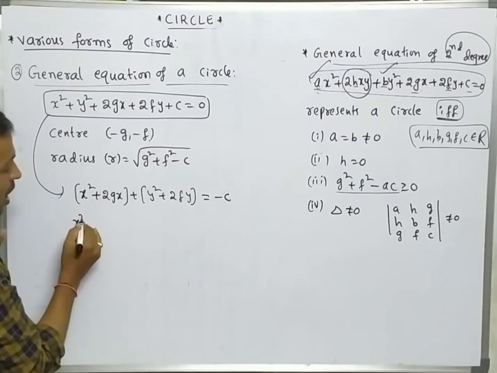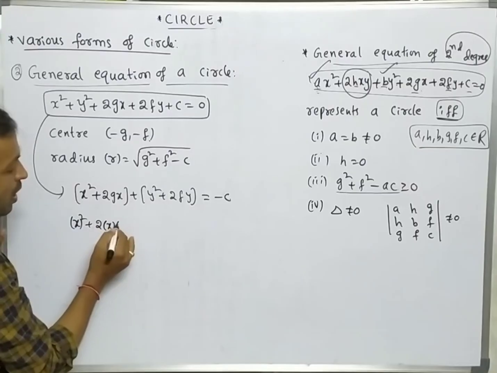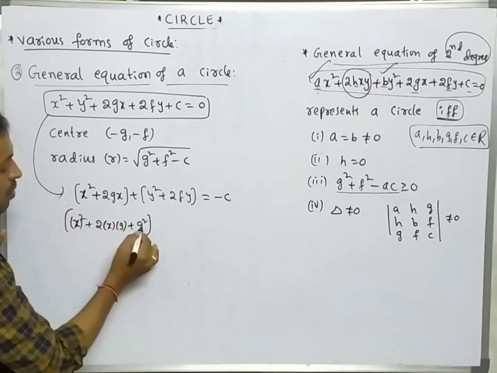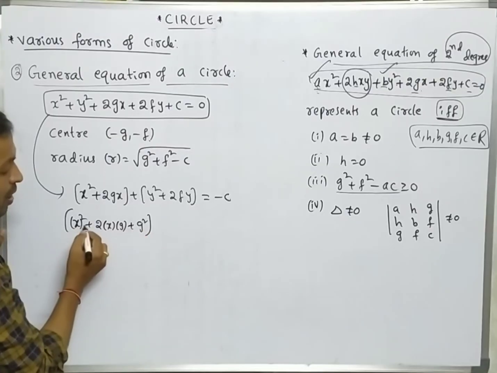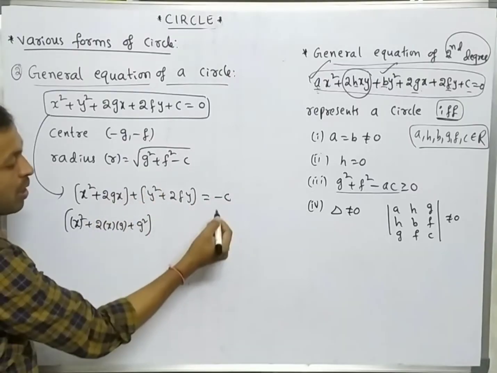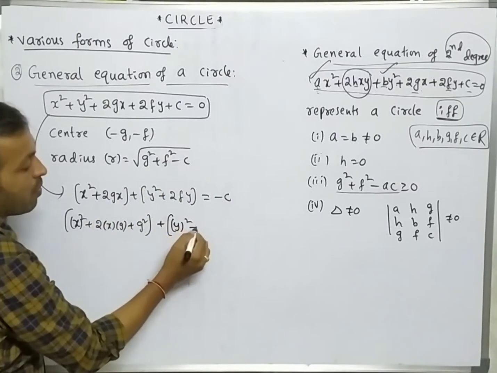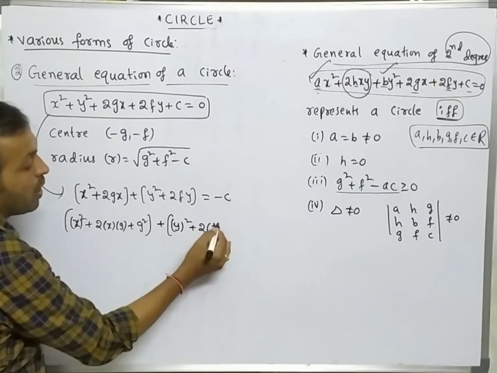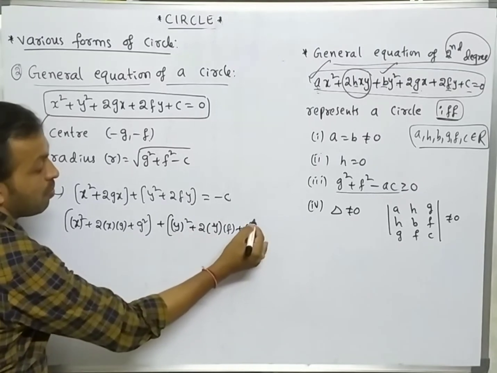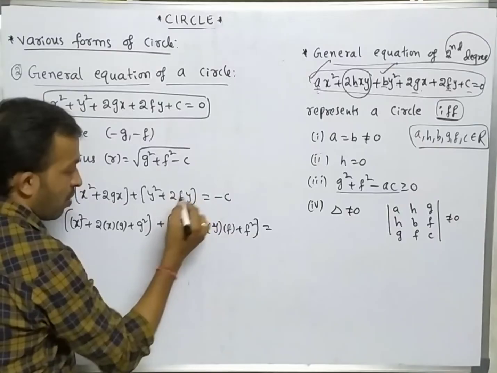Here I am using a square plus 2ab plus b square, so this becomes a plus b whole square, right? So x square plus 2 into x into g, we don't have g square, so adding g square on both sides. Similarly y square plus 2 into y into f plus f square. Here we don't have f square, so adding f square on both sides.